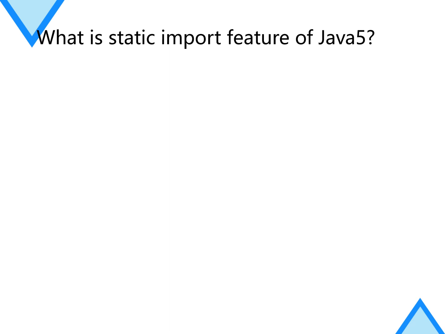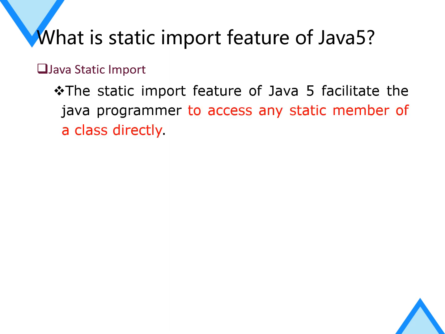Now let's discuss the static import feature of Java 5. It means this feature was not included in previous versions of Java. It only came when Java 5 was released. The static import feature of Java 5 allows the Java programmer to access any static member of a class directly. When you want to access any static member of a class, then we use Java static import.